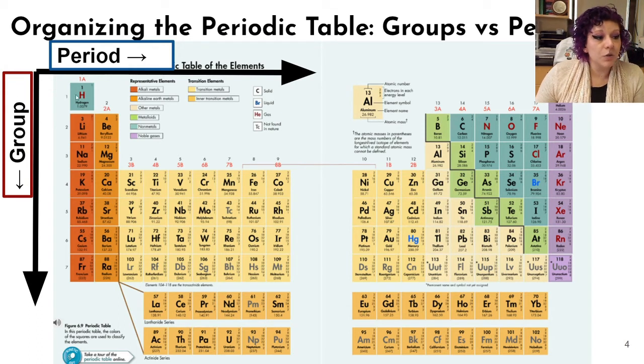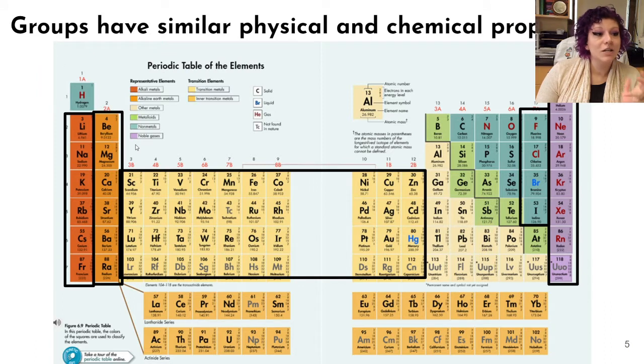And the groups actually have similar properties. So this first column of the alkali metals, these have similar properties. The second group of our alkaline earth metals, these have similar properties. So the vertical columns are the ones that have the similar properties. Periods, not so much. So again, groups have similar physical and chemical properties.